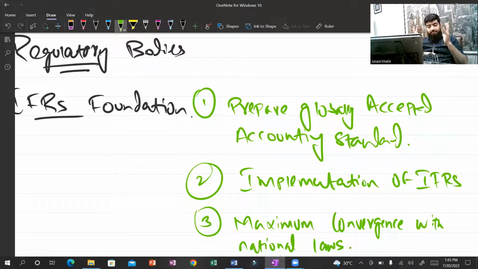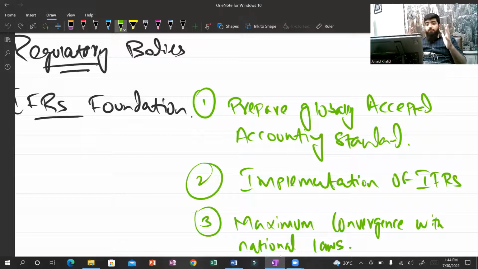Now, why was this a difficult or challenging task? Reason being, there are hundreds of countries in the world. There might be a very big possibility that an accounting standard or IFRS established by IFRS Foundation may contradict with a national law of a country.